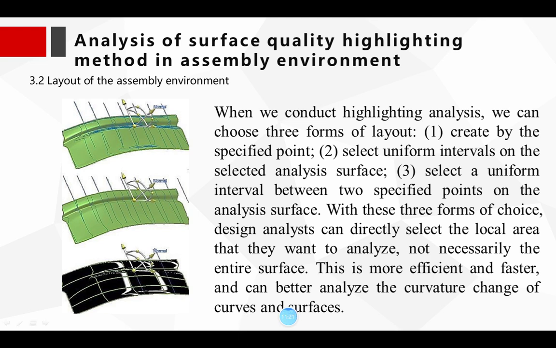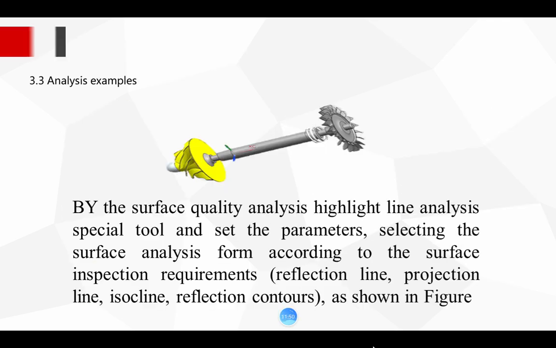With these three forms of choice, the design analyst can directly select the local area that they want to analyze, not necessarily entering the whole surface. This is more efficient and faster, and can better analyze the surface change of curves and surfaces.